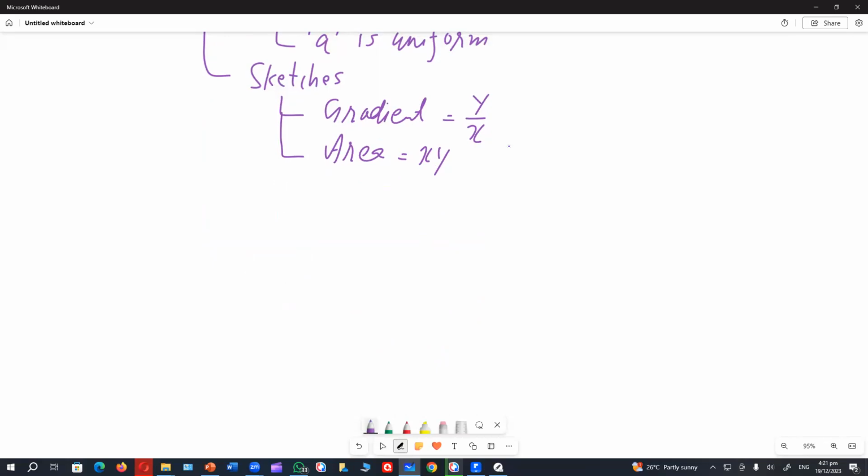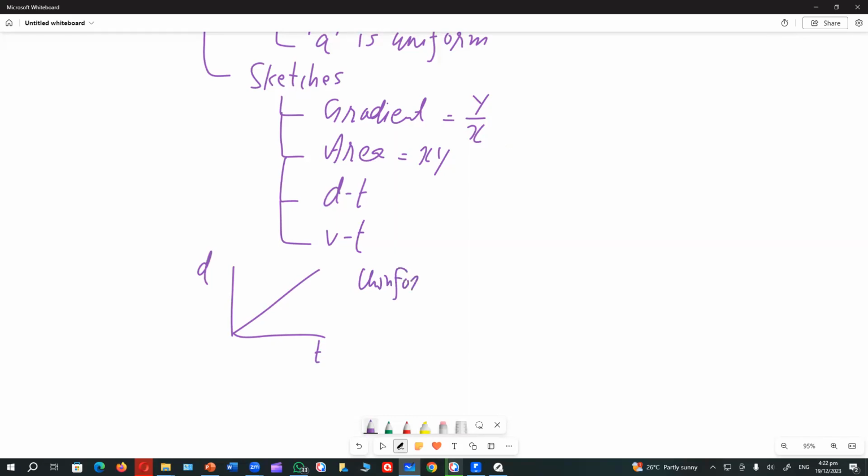We have distance time sketches and we have velocity time sketches. The important thing is this: if you have a straight line going upward in a distance time sketch, then the line is straight, so the gradient is constant.